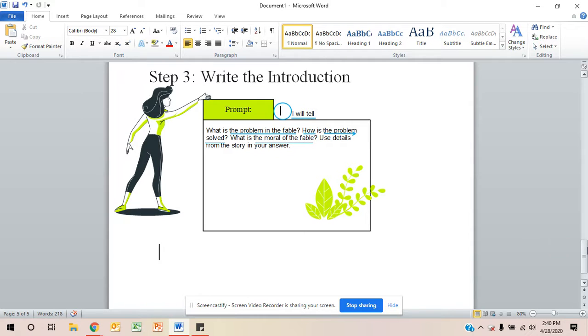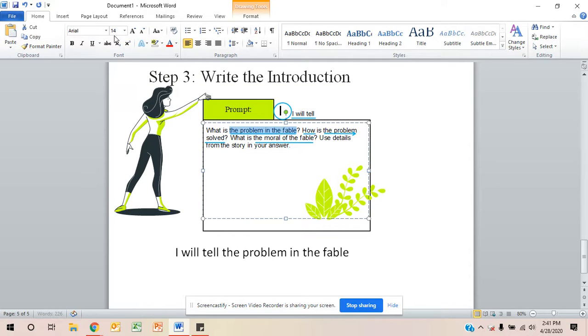So I'm going to combine and make a complete introduction based on the sentences from the prompt. So I'm going to start with, I will tell the problem in the fable. So that means I've done this part.